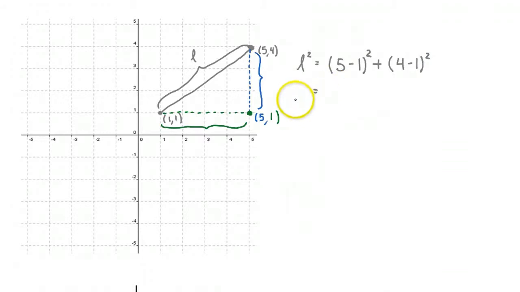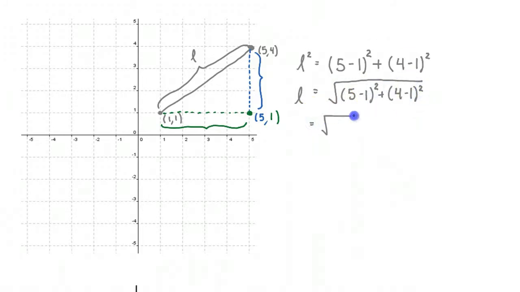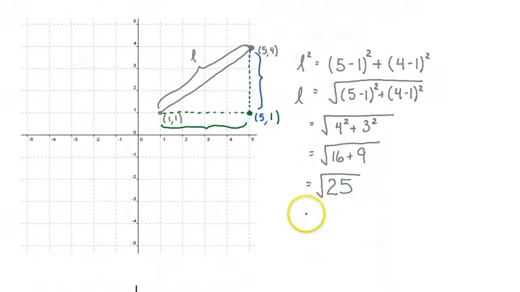So we could say L is equal to the square root of 5 minus 1 squared plus 4 minus 1 squared, which is equal to the square root of 4 squared plus 3 squared, which is equal to the square root of 16 plus 9. I'm writing a lot of steps here just to help any person that's watching this. Square root of 25, which is 5. So we know the length of this line is 5.